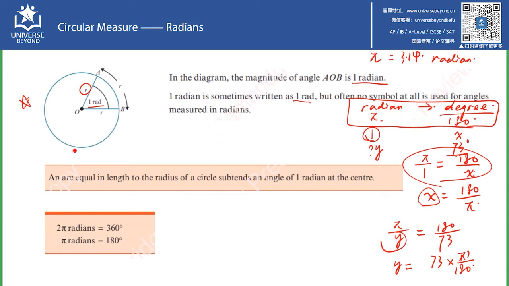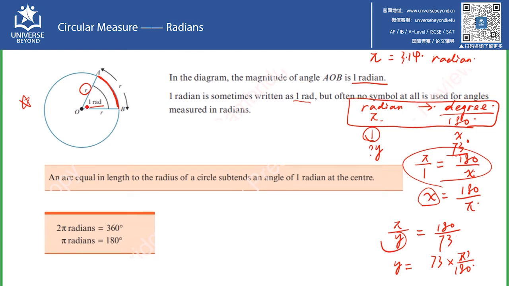Okay, and arc. This is arc AB, equal in length to a radius of the circle, and it subtends an angle of 1 radian at the center.